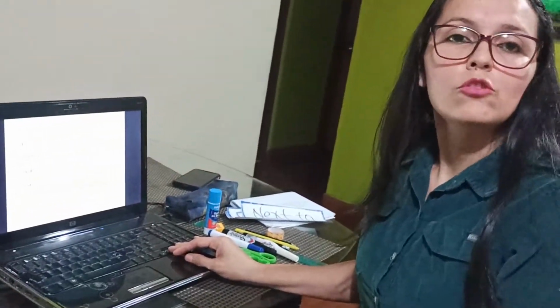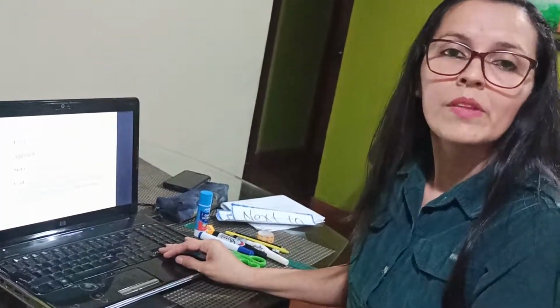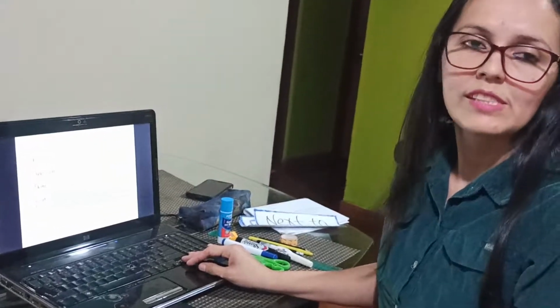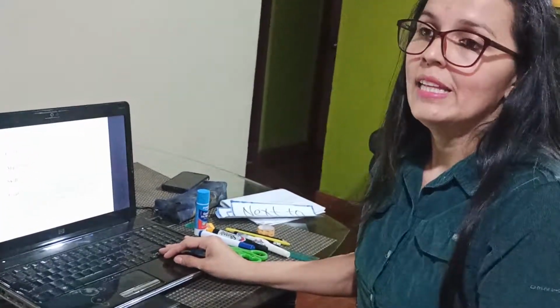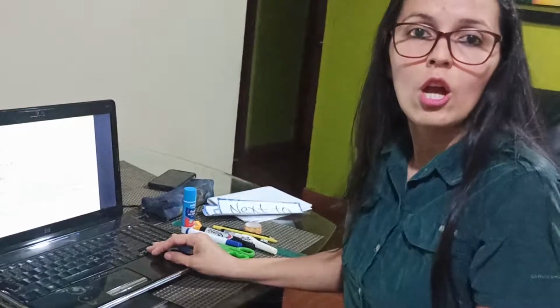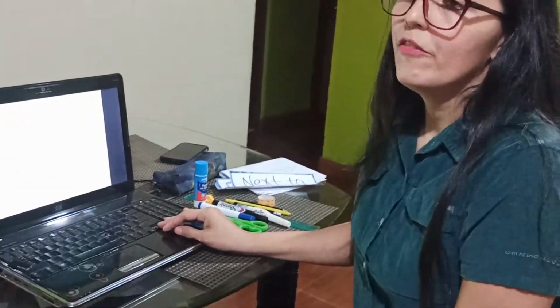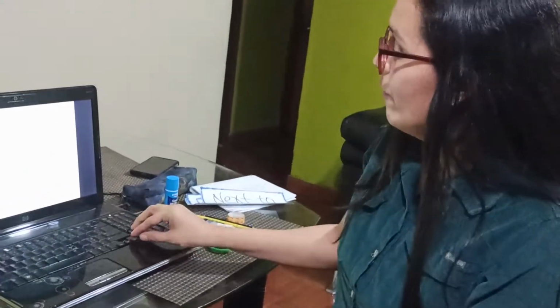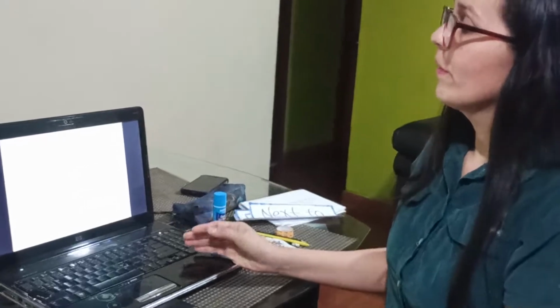It is important to mention that a secretary is a person who works in an office and is in charge of different tasks. For example, what does a secretary do?